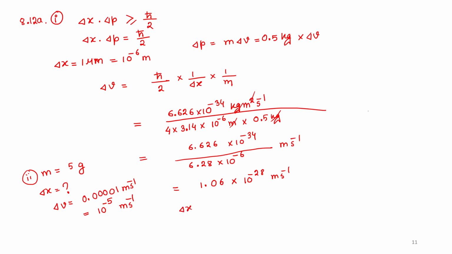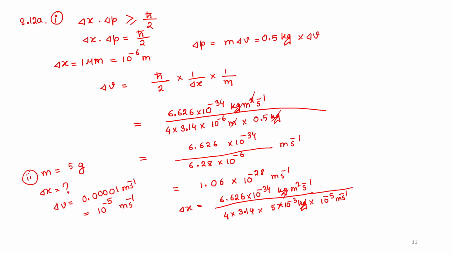So delta x is similar. H cut by 2, that is 6.626 into 10 to the power minus 34 kg meter square second inverse divided by 4 into 3.14. Now the uncertainty, instead of delta x, it will be delta v. First mass is 5 gram, that is 5 into 10 to the power minus 3 kilograms. What about the uncertainty in velocity? That is 10 to the power minus 5 meters per second.